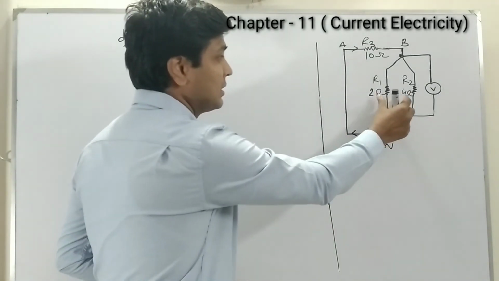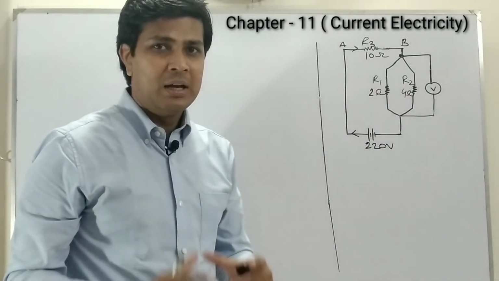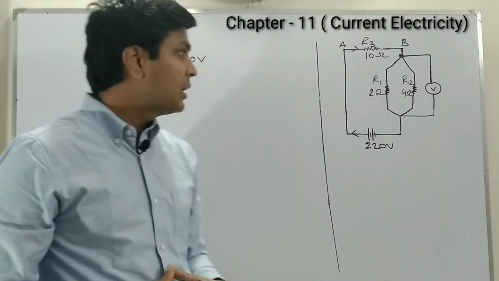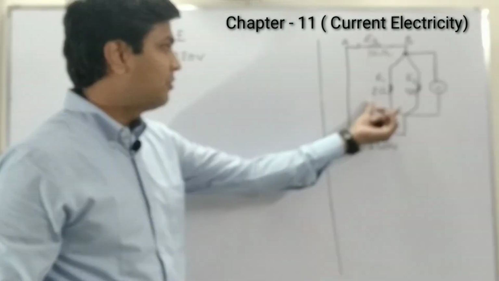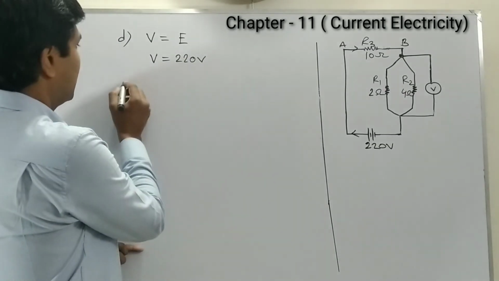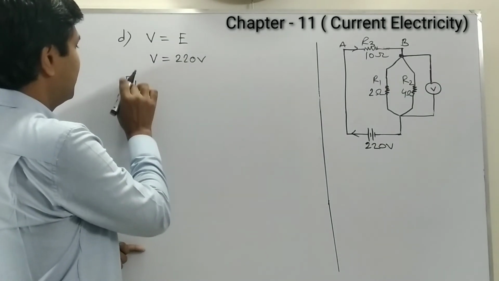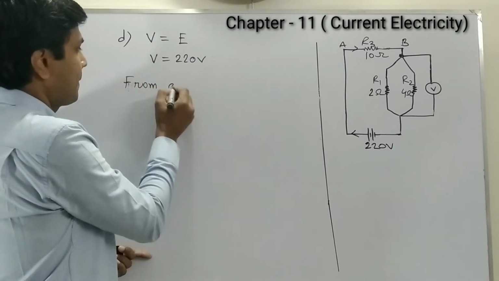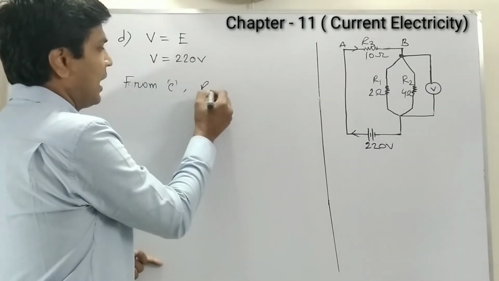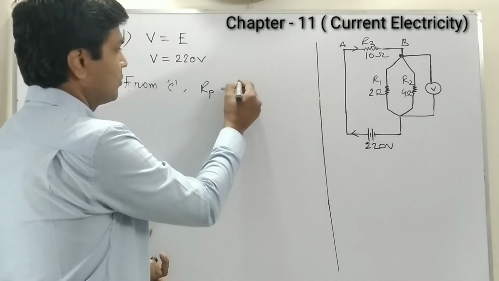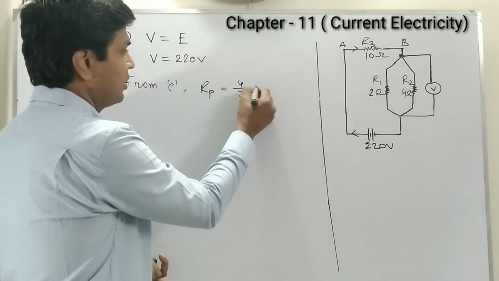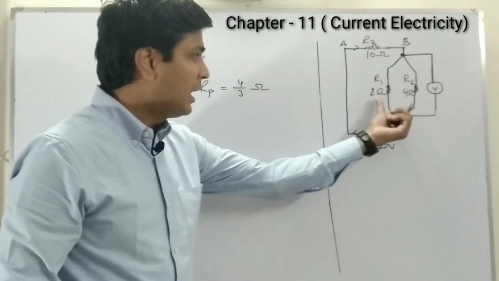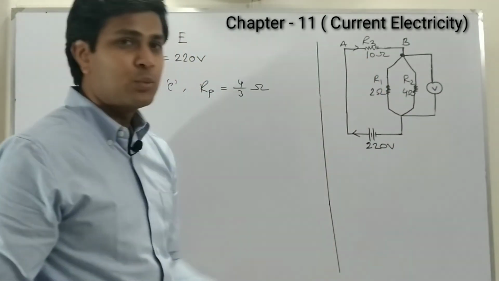So R1 and R2 are in parallel, and we have already calculated the equivalent resistance of R1 and R2 from C. From C we get Rp equals 4/3 ohm, and Rp is in series with R3.